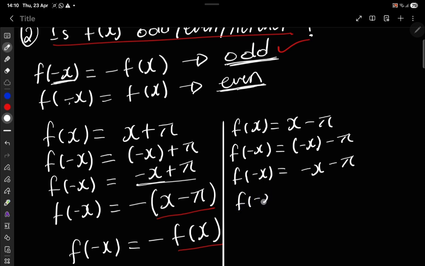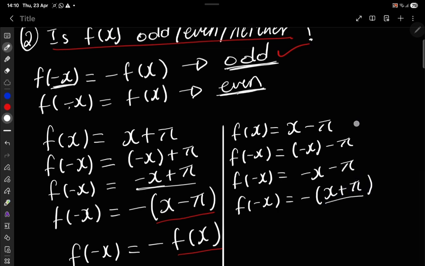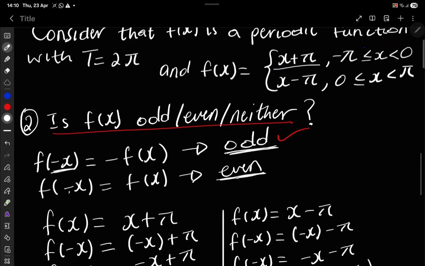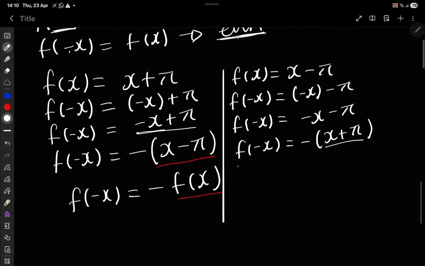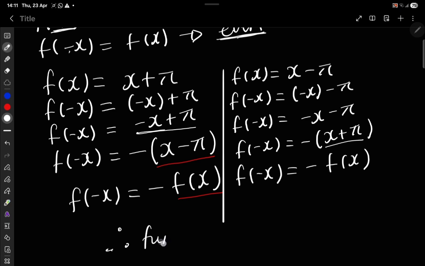Then what you can do there is take out the negative sign, and you will be left with x plus pi. You can see this x plus pi is the same as that x plus pi, meaning that it's f. So f of minus x is equal to minus f of x. Therefore, I can just say f is odd.